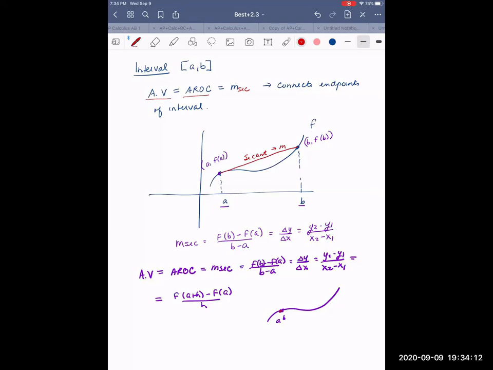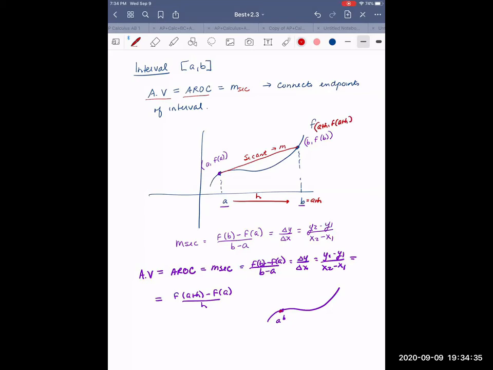And that's really important because what this means is that if this is A, f of A, and I move over some teeny tiny bit called h, some teeny tiny difference, then this B becomes A plus h, okay? And this becomes A plus h comma f of A plus h.